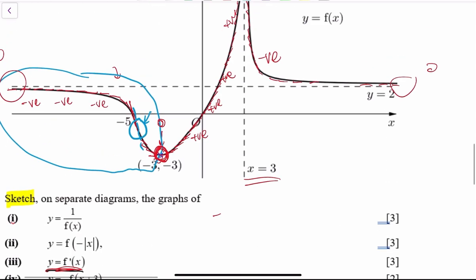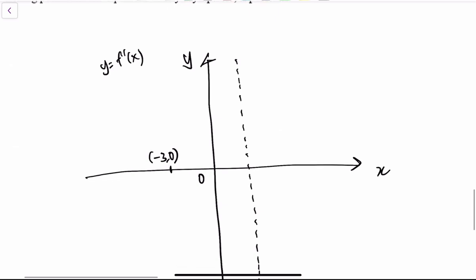Since the gradient is negative, your graph on the left hand side will be negative, very close to 0, and then you will hit a minimum point somewhere around here maybe, and then it becomes 0. So 0 means you are at your turning point, and once you cross your turning point, you start to increase, then you get your positive gradient, and you approach infinity.